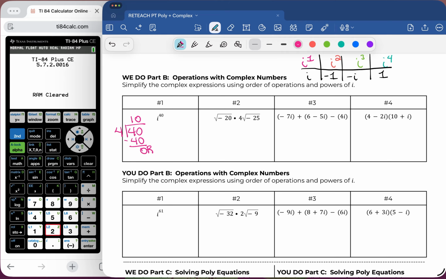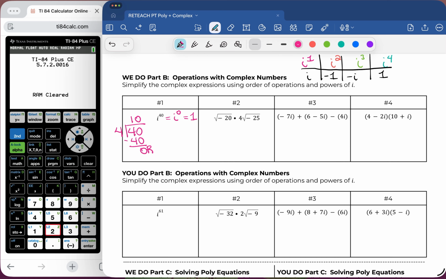So there's 2 ways to think about this problem when that happens. The first one is you can think of it as equivalent to i to the power of 0. And anything to the power of 0, what we were taught a long, long time ago, is the whole number 1.